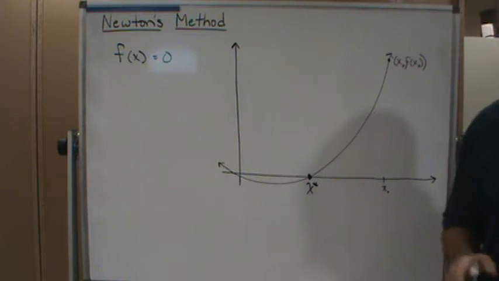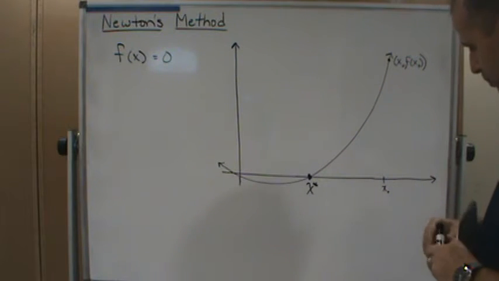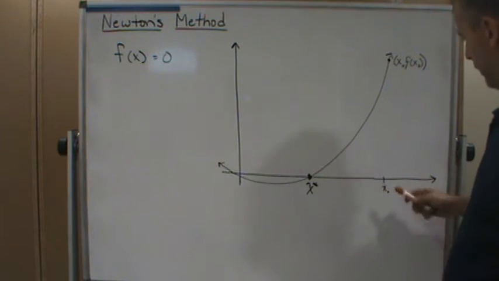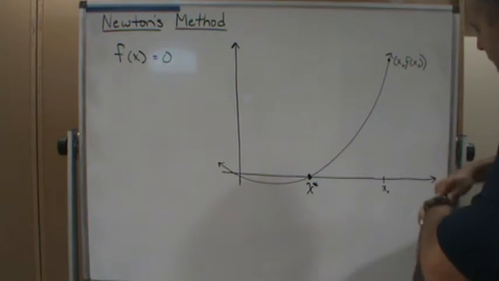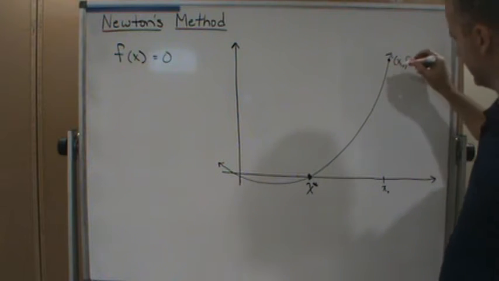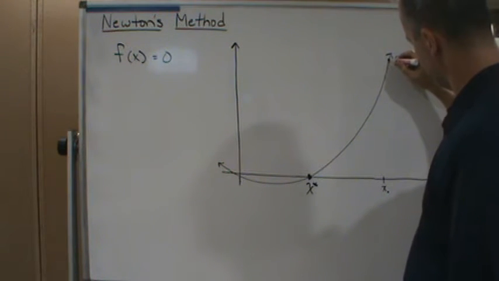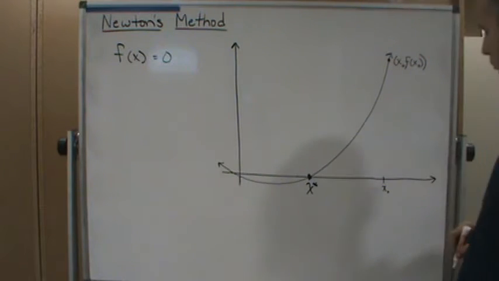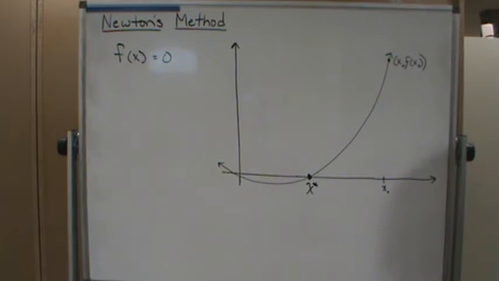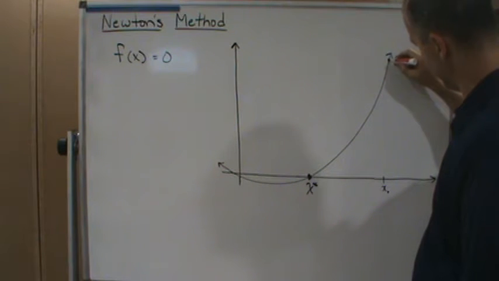So what are we going to do? Well, Newton's method says, okay, this is our guess. So we're going to use the point on the graph at x equals x0, and we're going to use the tangent line at that point. So we're going to form a tangent line at this point.